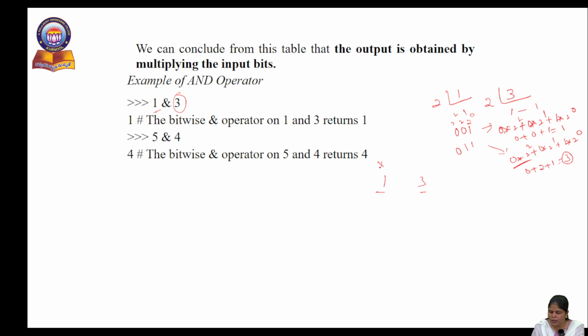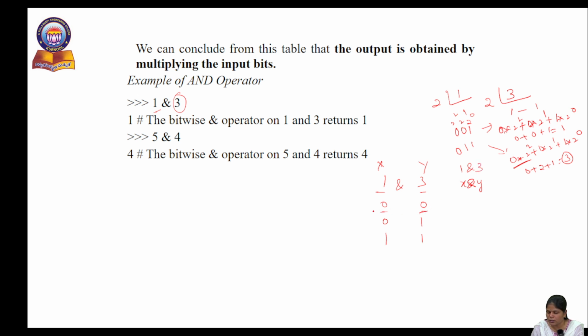So if I consider the first as x and the second as y, they are 0, 0, 1 and 0, 1, 1. Now I am performing the bitwise AND operation, x bitwise AND y, that means 1 bitwise AND 3. What do I get?